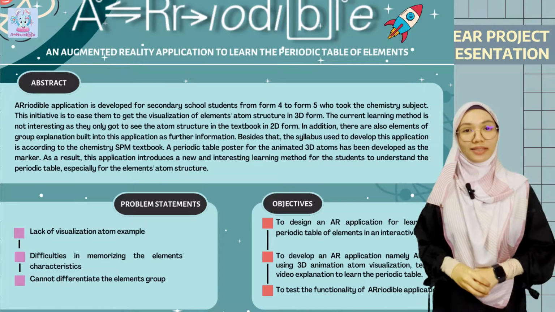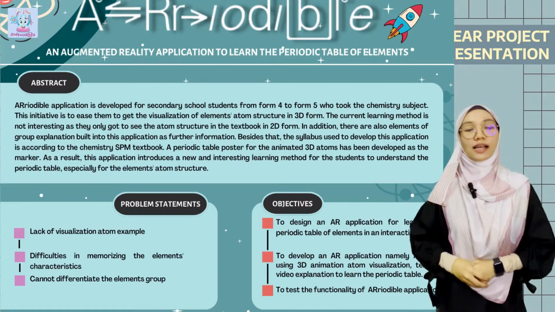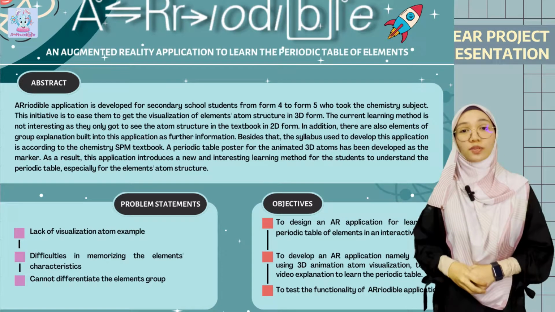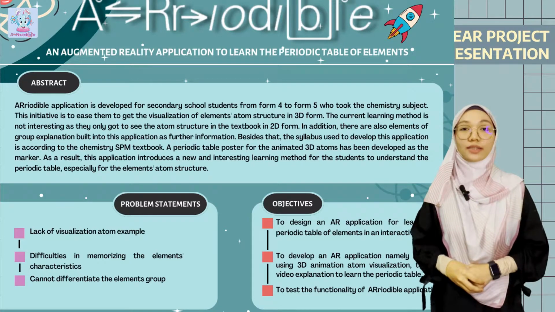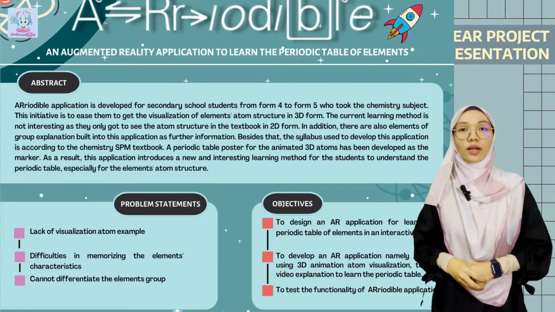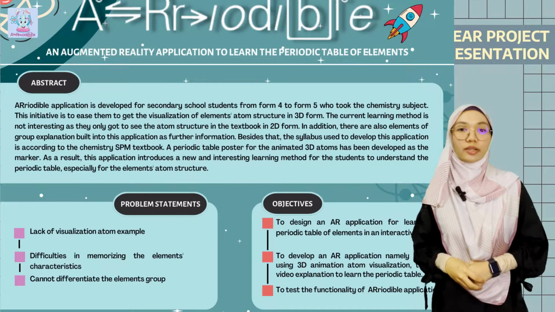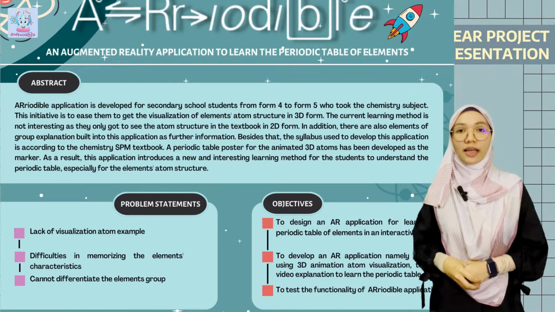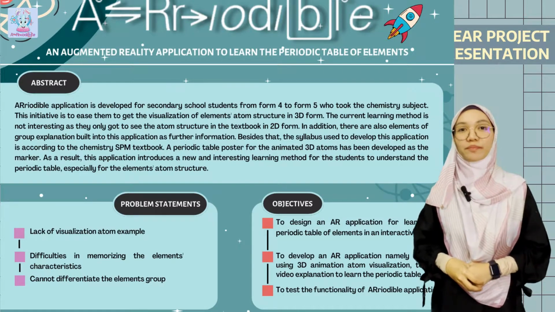The current learning method is not interesting as they only got to see the atom structure in the textbook in 2D form. In addition, there are also elements of group explanation built into this application as the further information.